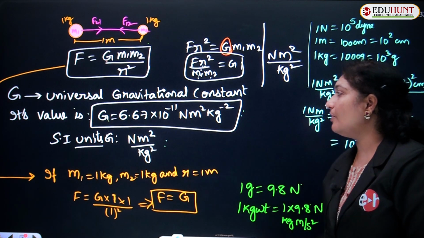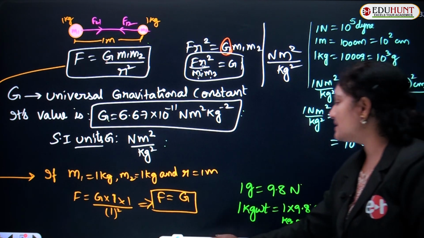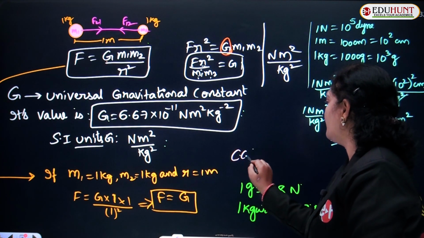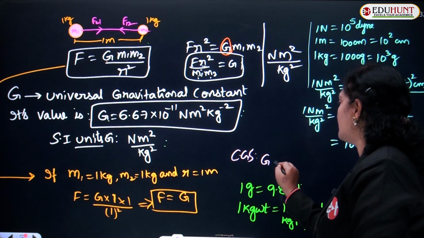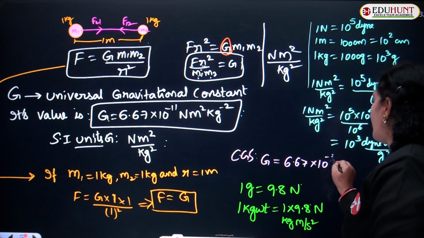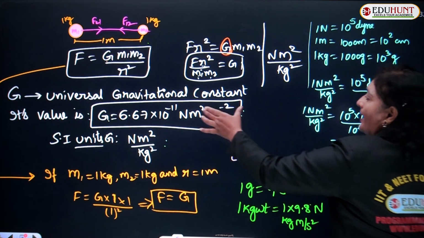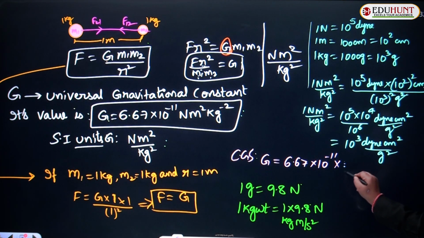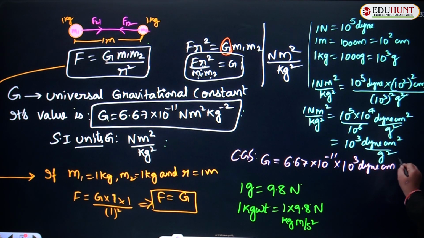square. Therefore, the value of G in CGS system can be given as 6.67 into 10 power minus 11 in SI. So, instead of Newton meter square per kg square, I have to replace it with 10 power 3 dyne centimeter square per gram square.